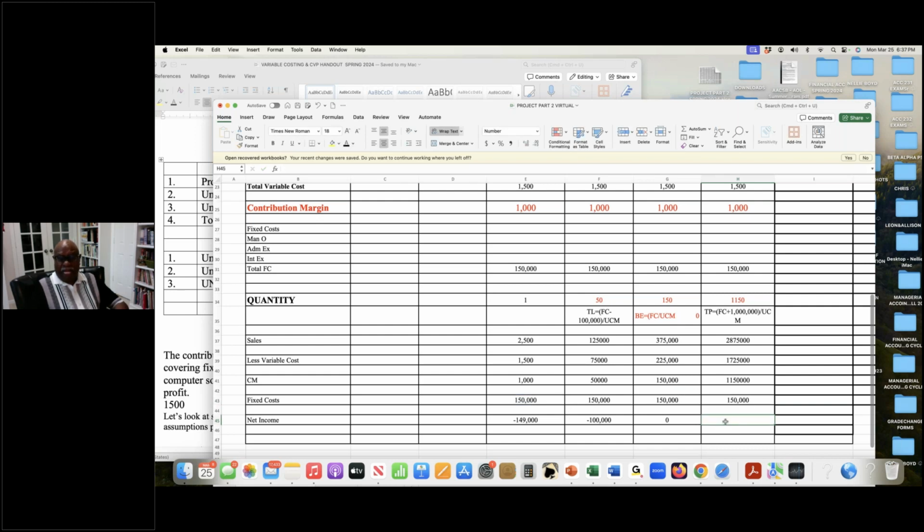And so our net income is going to be equal to what? Contribution minus the fixed cost, $1 million. A million. Are there any questions?